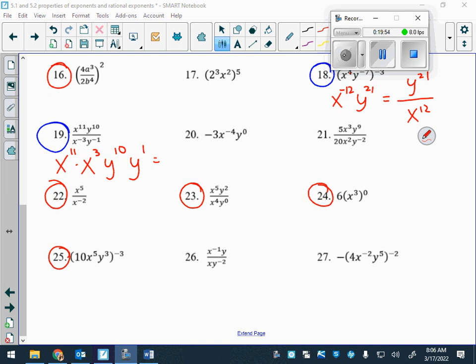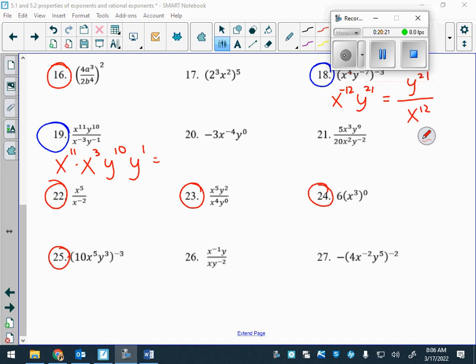All right, 16. It's looking pretty good. There's one last thing you can do. Can we divide 16 divided by 4? Yes. That is correct what you see on the board though. We have 16 a to the 6th over 4 b to the 8th, which we could just take one step further.